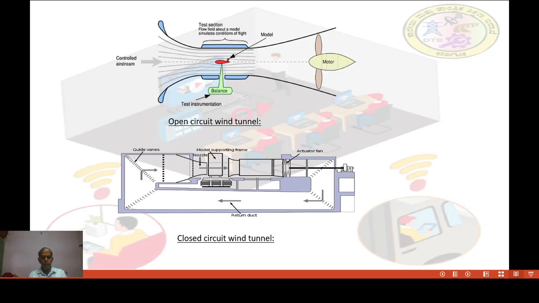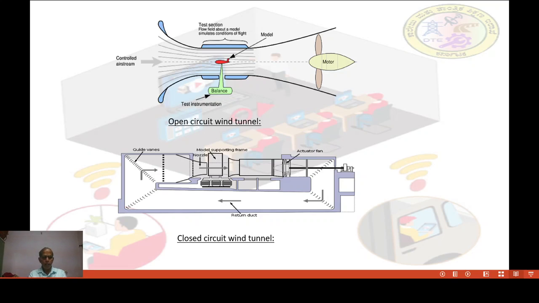Open type wind tunnels can further be divided into categories like A, suck down wind tunnel with the inlet open to the atmosphere, and an axial fan or centrifugal blower installed after the test section, at the outlet side. This type of wind tunnel is not preferred because incoming air enters with significant swirl, meaning turning action.